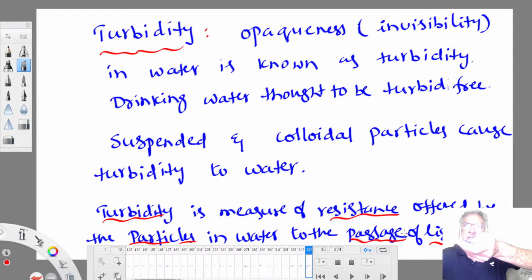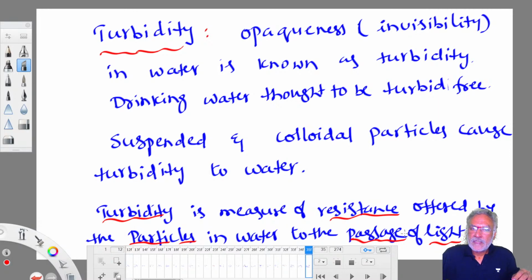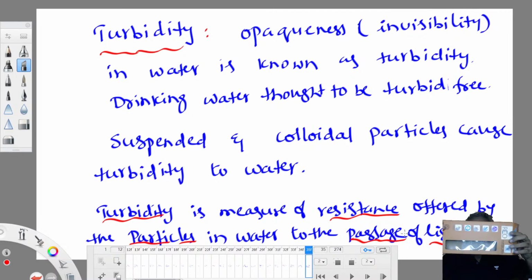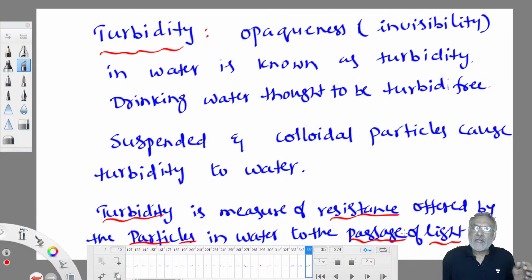Now I switch on the light. I keep one box against the light. Still my face is not visible because this box is not allowing light to penetrate through this space. If I remove this box, light is freely passing through this space, therefore I am visible to you. Exactly the same way in water also.